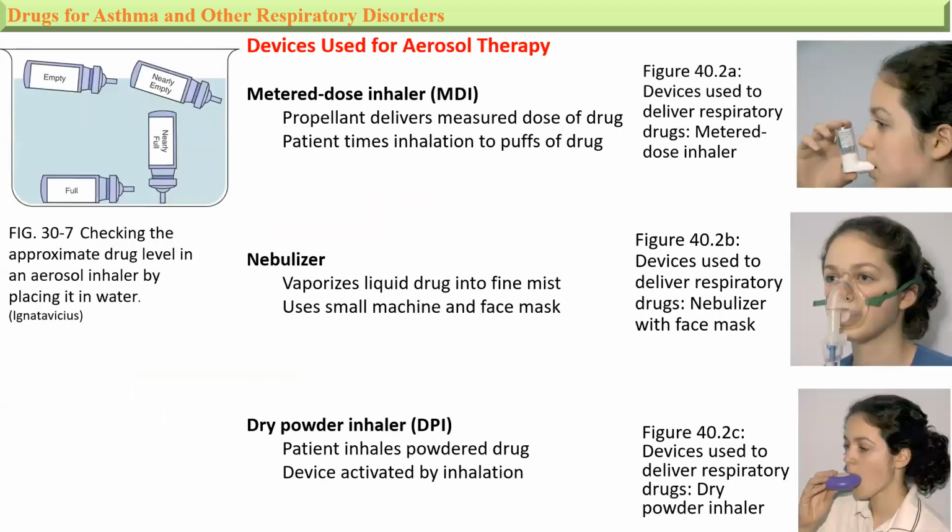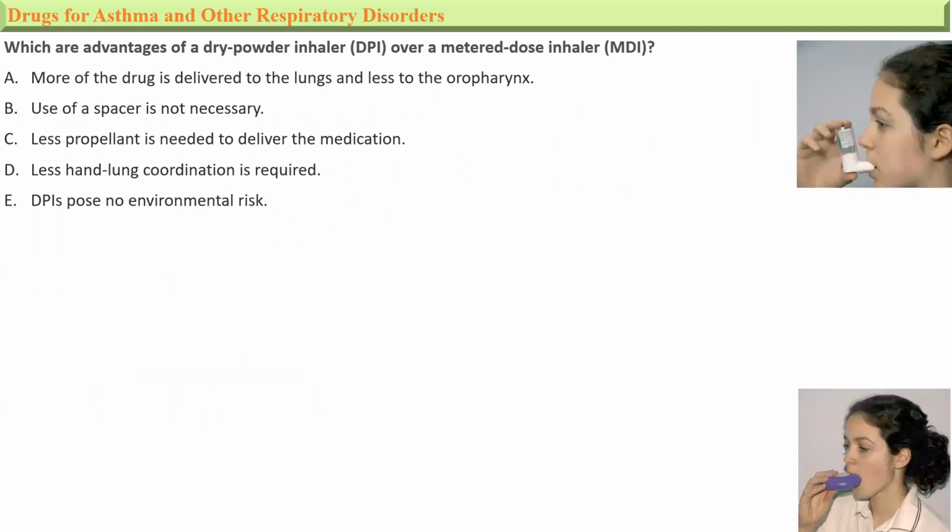Now, this table provided a comparison between the MDI, nebulizer, and the DPI. Okay, so this is the first question.